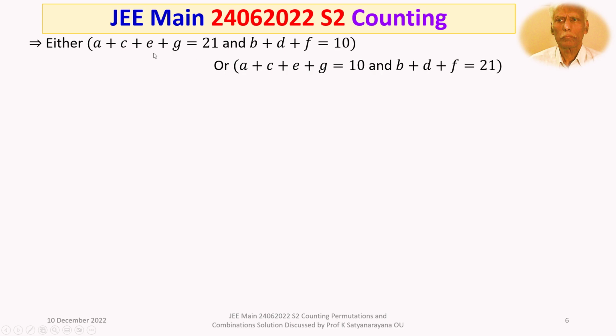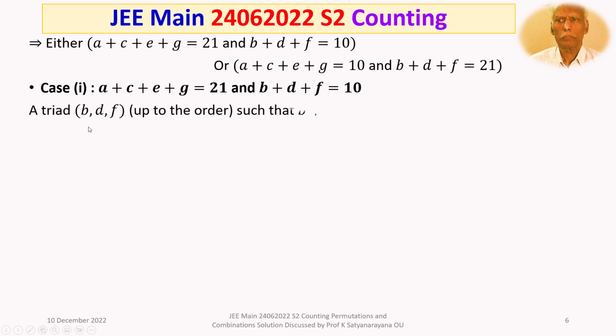Now, these are the two cases that we have to deal with. Case 1 is A plus C plus E plus G is 21, B plus D plus F is equal to 10. A triad B, D, F, up to the order, don't worry about the order, such that B plus D plus F is equal to 10 can be chosen in the following three ways.